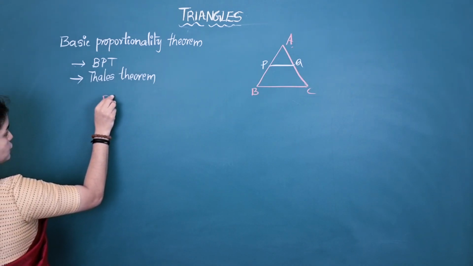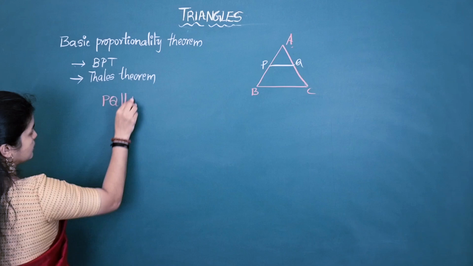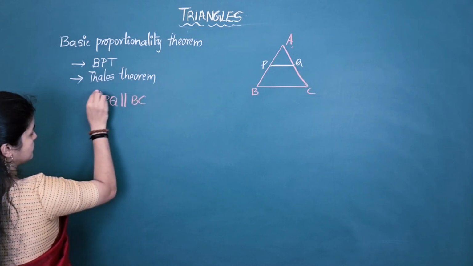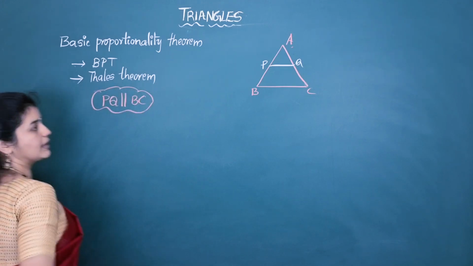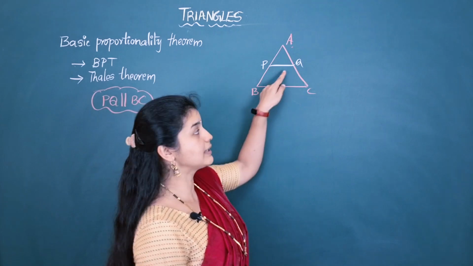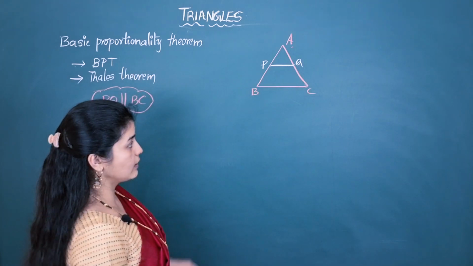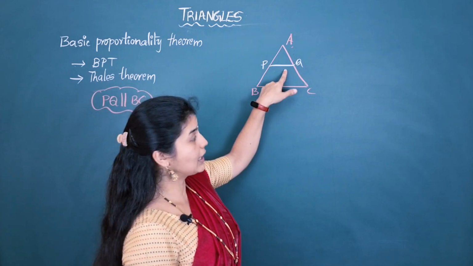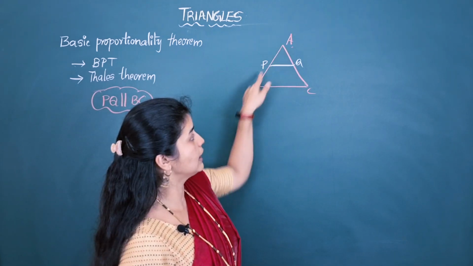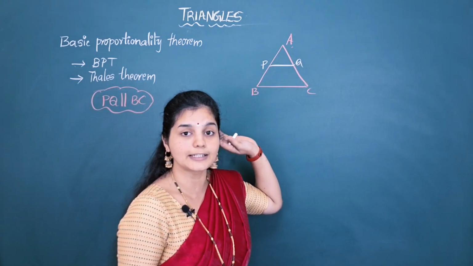So here the condition is PQ is parallel to BC. This is very important. So you should know that there is a line that is parallel to any one of the sides of the triangle, and this parallel line is now intersecting the other two sides at distinct points.